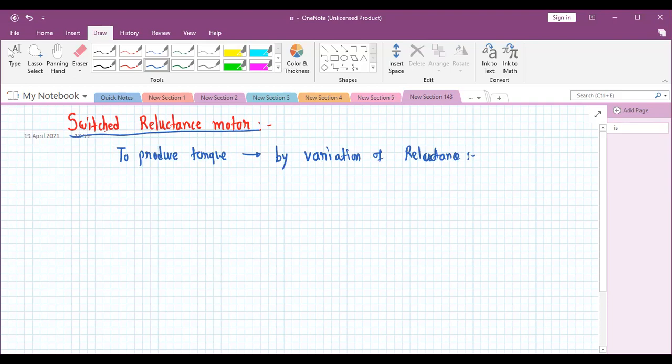It is aligned in the position where it is offering minimum reluctance. According to that, it will take a position and shift its position according to the minimum reluctance provided to it, and that's why the torque is produced. Is it clear? Yes, it's clear.